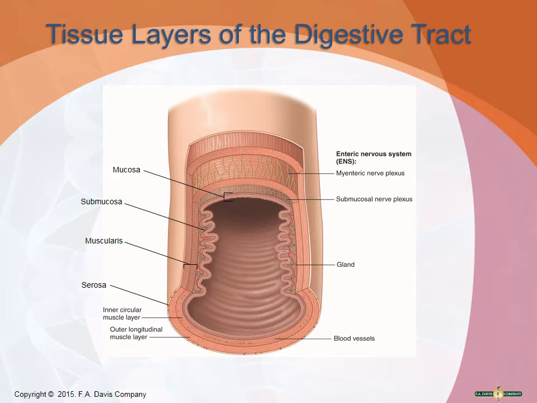So when we look at the mucosa, it's the layer that is the inside, so it's open to the lumen, and it has the innermost layer, a layer of epithelium, and then you have a small layer of smooth muscle and connective tissue. In the submucosa is where you see glands, blood vessels, lymph vessels, and nerves.